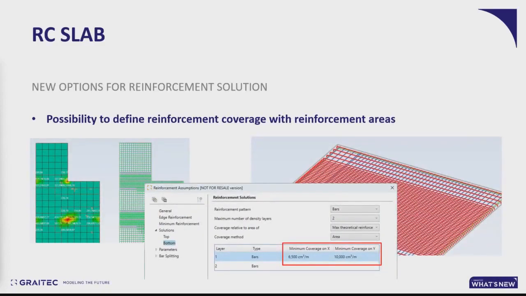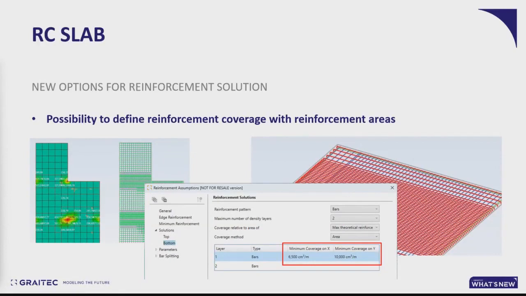For the automatic definition of reinforcement, one of the main settings is how to cover the theoretical reinforcement area using one or more layers. In the new version, we can specify the coverage method not only by the percentage, but also by absolute values of the reinforcement area. For example, for the bottom reinforcement in the X direction, we want the first layer of the reinforcement to have minimum 6.5 square centimeters.